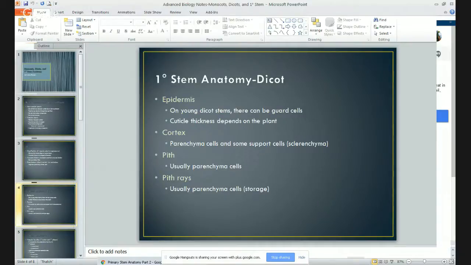If you're in a place where water retention is vital to the plant, so very hot areas, it potentially would have a thicker cuticle. And there can be guard cells to let oxygen in and out, but that's usually only on the younger portions of your stems.